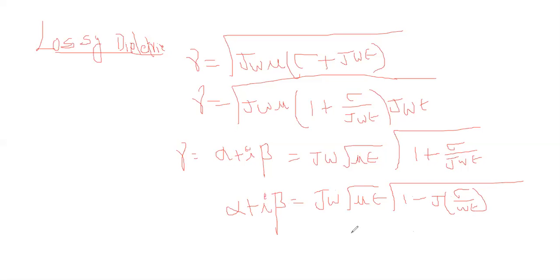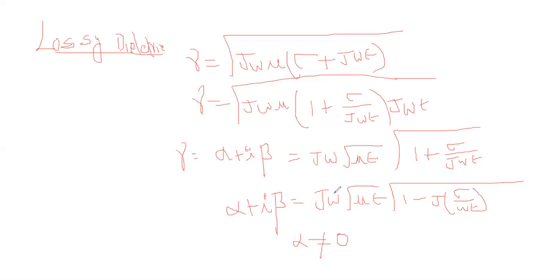But here see, alpha is not equal to 0. It has the imaginary term, and it is multiplied internally. The j and the j is j square, which becomes minus 1, and alpha is not equal to 0 here.